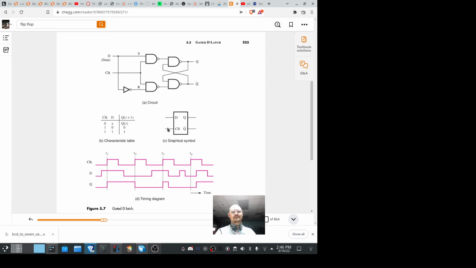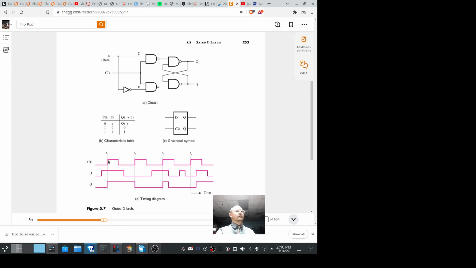So long as the clock signal is high, then the value on Q is whatever D was. Does that make sense? So when the clock signal goes low, it doesn't matter what D is. Q will always be whatever Q was the last time that the clock was high.